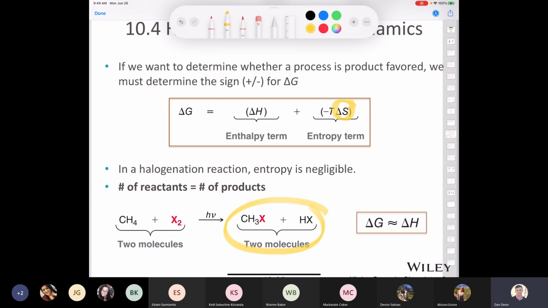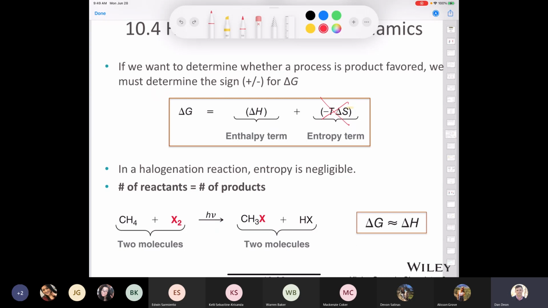And so the entropy term, since there's no change in the number of reactants and products, you're starting with two molecules and ending up with two molecules, you can essentially cancel this term out. Okay, so let's see here. We'll cancel this term out. And so what we end up seeing is that Gibbs free energy is closely equal to the change in enthalpy. Okay, so all we're going to have to do is evaluate the change in enthalpy in order for us to study the thermodynamics of halogenation.